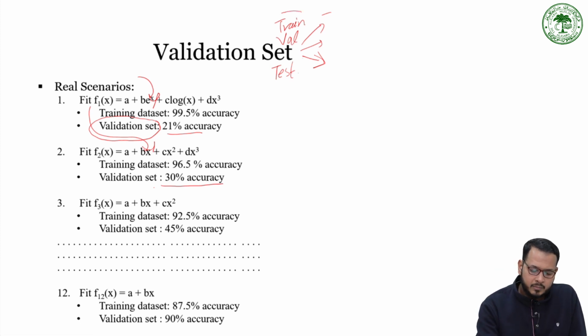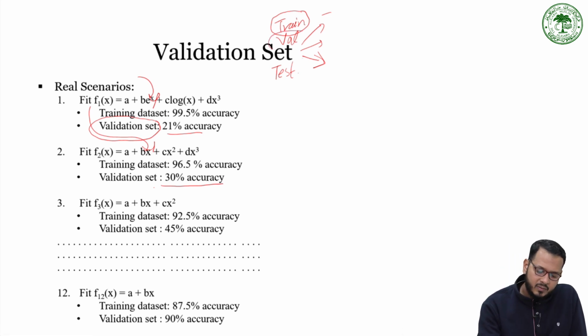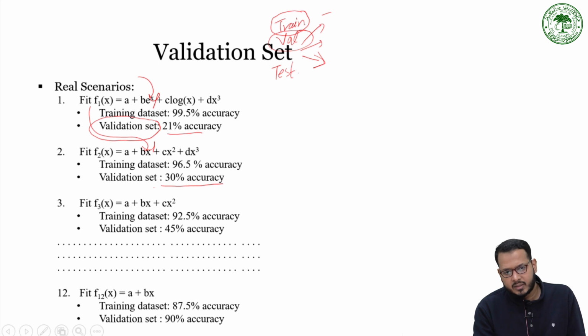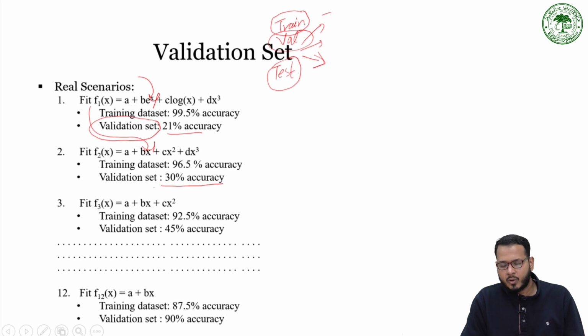The algorithm learns from the training data set, tests the performance on the validation data set, and the test set is never shown to the algorithm or model except once, when we have finalized our model.